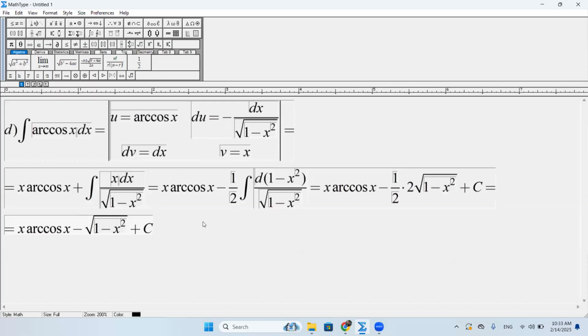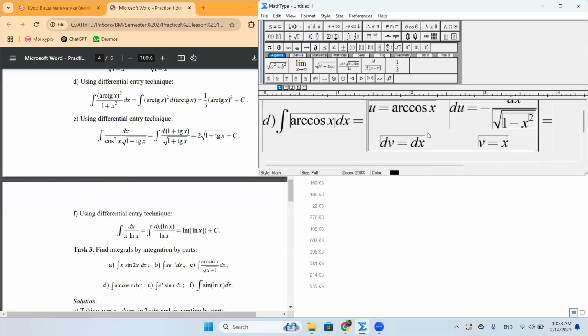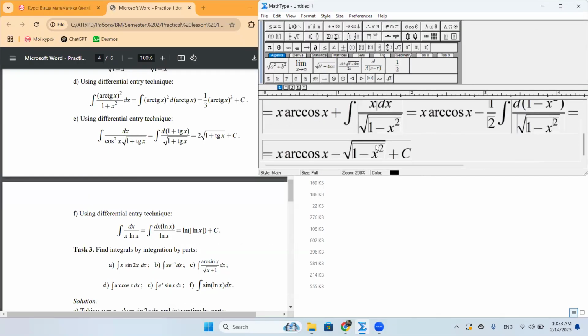Any questions about this task? No questions. Okay, so actually we don't have the integral of arccosine of x in the table, but we found it. And now let's move next.